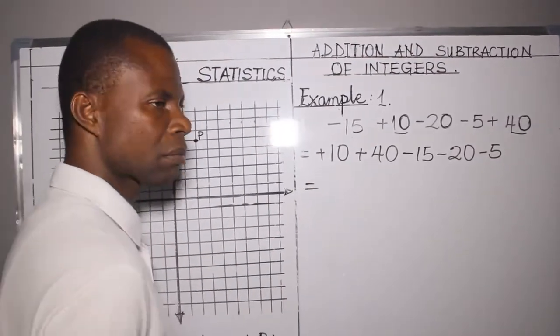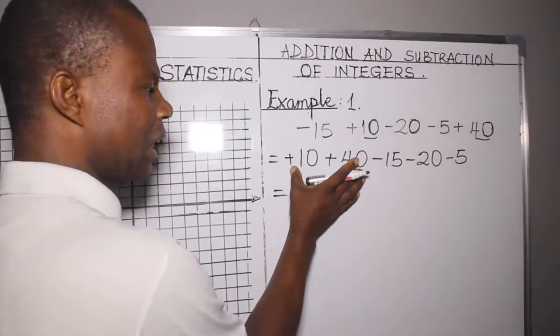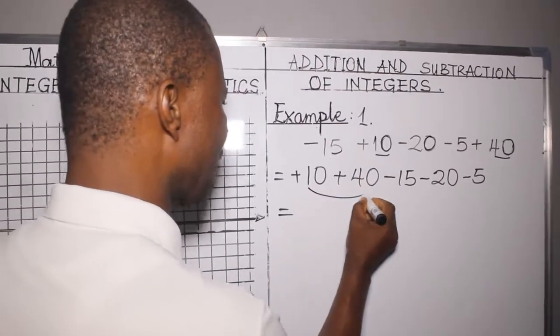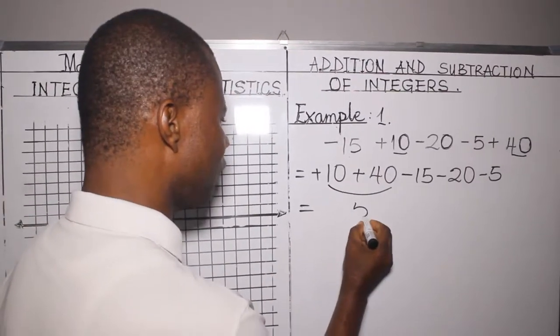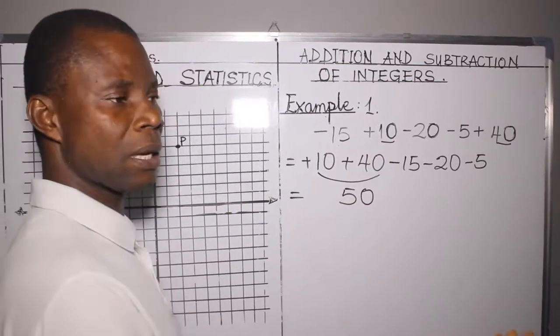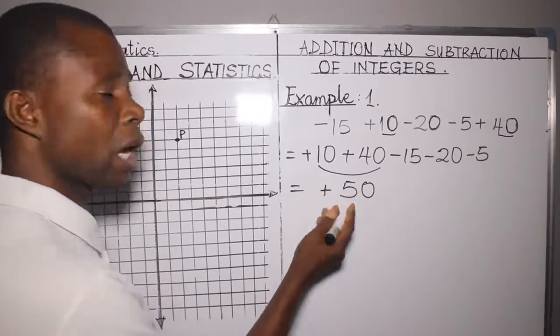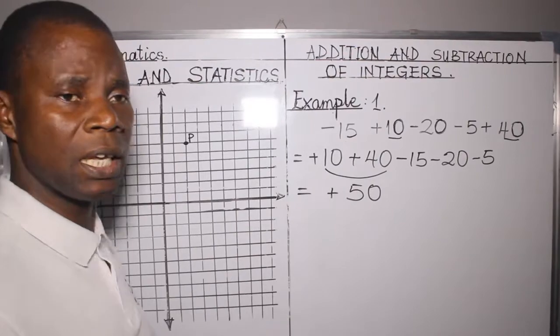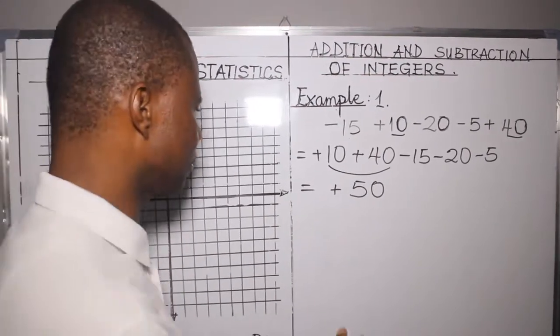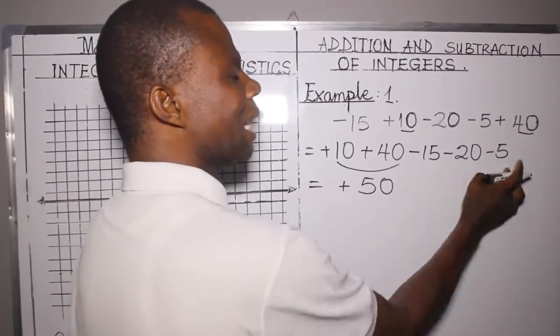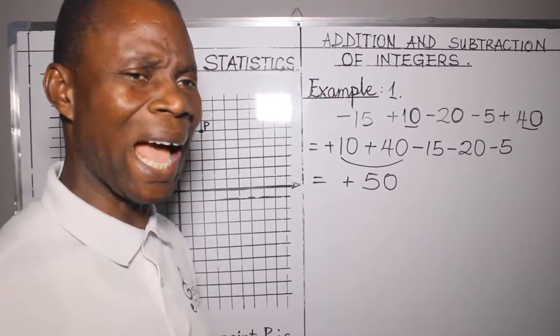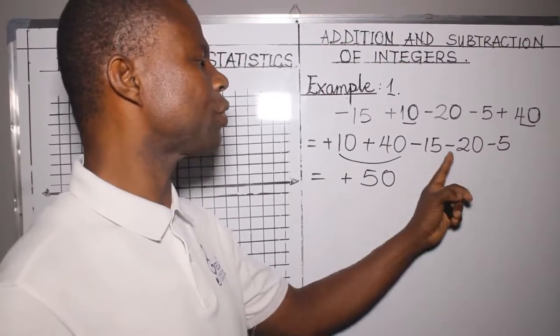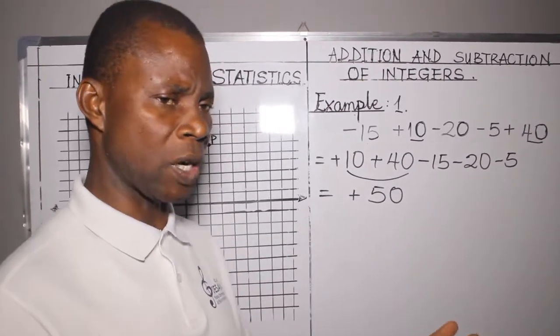Next step, we add the positive integers, which is this and this. And that gives us 50. If we like, as I said earlier on, you can put plus in front of it. If you like, you can leave it as 50. Now, the negative integers, what do we do? We add them without considering the negative signs first.